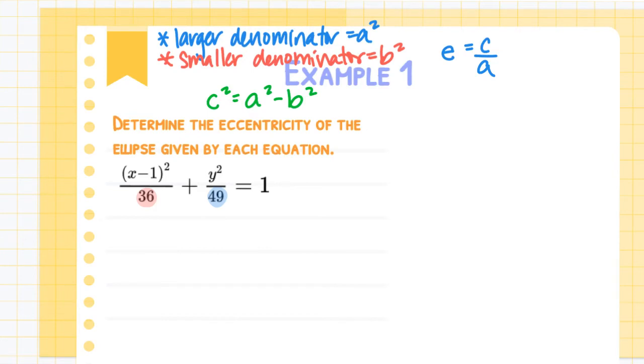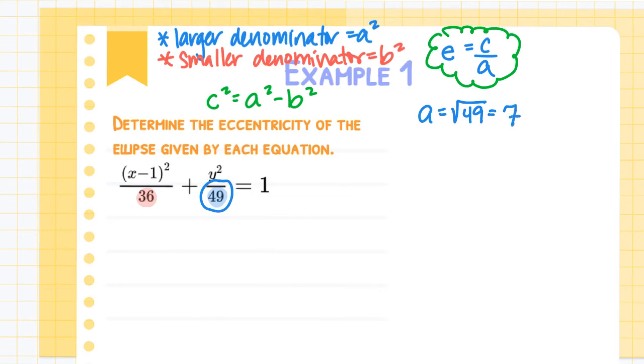So if we're going to use the formula e equals c over a, we'll need to use the equation of the ellipse that they give us to find a. So we can see here that a equals the square root of 49, which is 7.